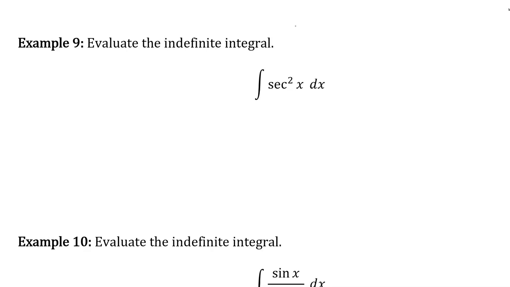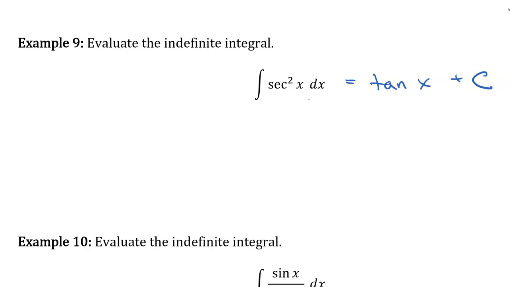The derivative of tangent is secant squared x. So the integral of secant squared x will be tangent, and then the arbitrary constant. So that one's pretty simple, as long as you remember your derivatives. Or you memorize your integral formulas just like you memorize your derivative formulas, and that's okay too.